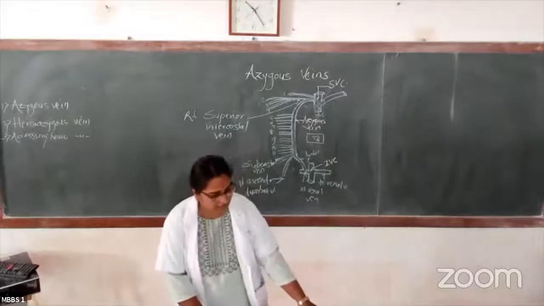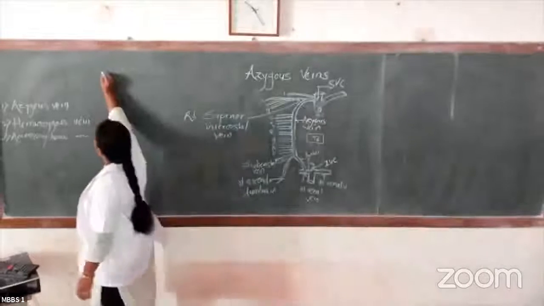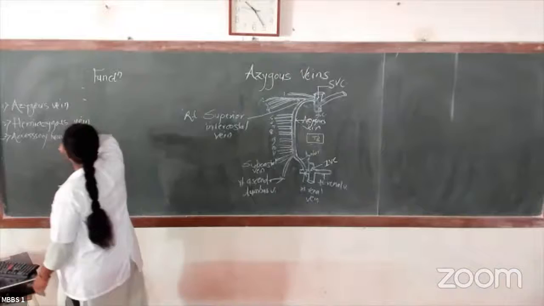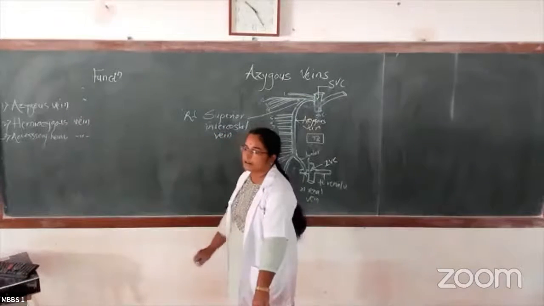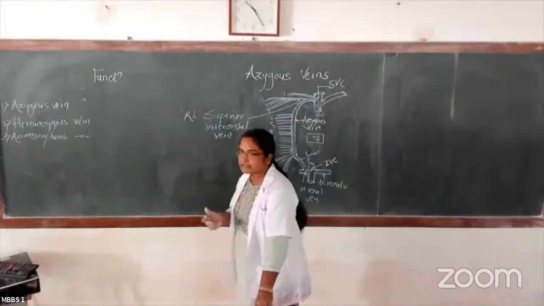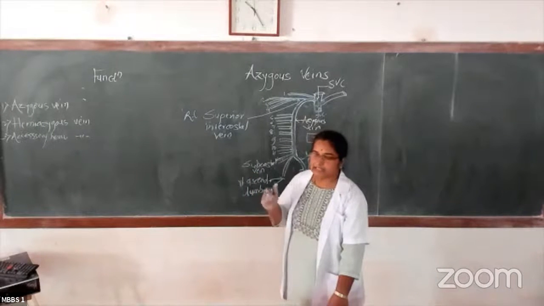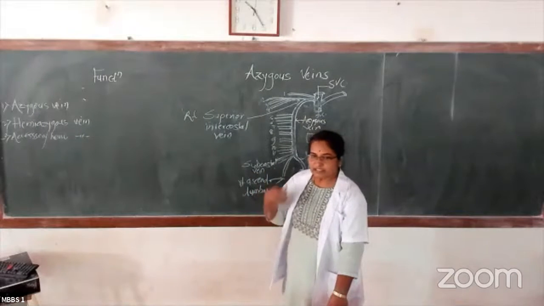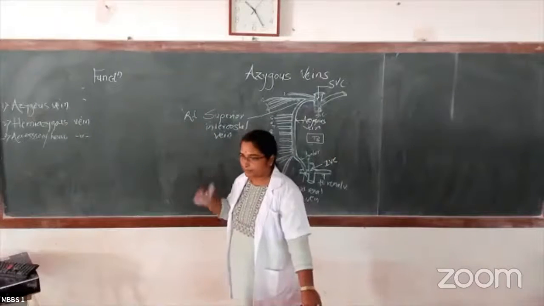Now we see what the functions of this azygous vein are. This azygous vein forms an important collateral channel which connects the inferior vena cava with the superior vena cava, that is the vena cava system in front, and also with the vertebral venous plexus behind.